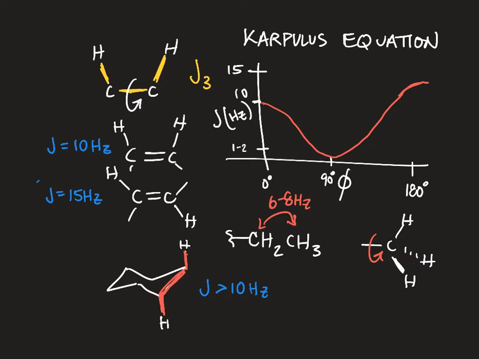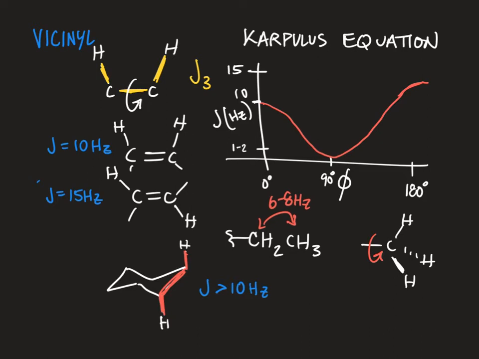It follows that type of pattern. So these are what we call vicinal J's, and these are by far the most common ones that we use to predict. It's what we use in the N+1 rule frequently.